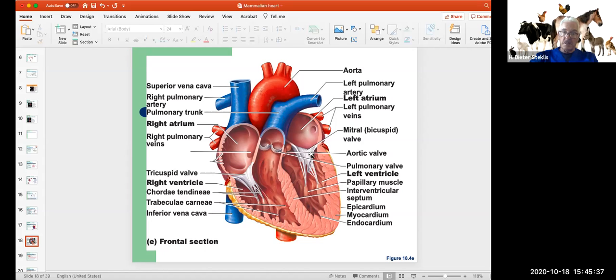And likewise, the mitral valve, the bicuspid valve, prevents blood from flowing back into the left atrium when the left ventricle contracts. So these valvular arrangements are crucial to making sure that the blood stays well separated in the different chambers of the heart, and there's no backflow from the vessels that either come into the heart or leave the heart.